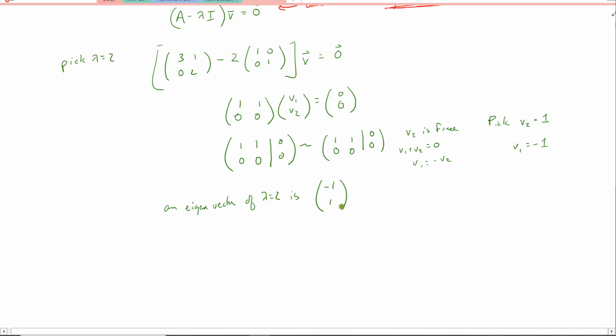Careful, folks, when people go to find eigenvectors, the solution is not unique. Somebody else might say, I think the answer is 3, negative 3. You'd have to recognize that these two eigenvectors are equivalent, and one is just a scalar multiple of the other. So be careful when you're looking at somebody else's solutions. You might both be right.